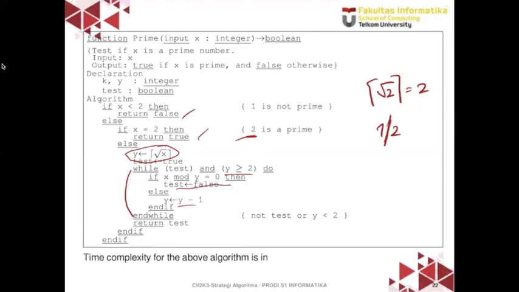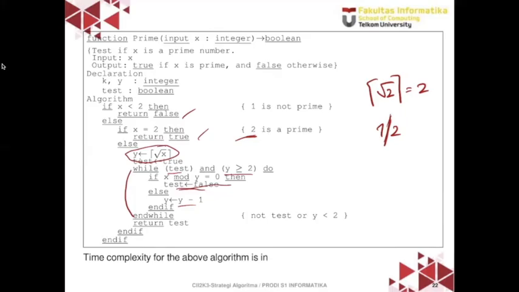If it does, then the test is false, so we get out of the loop. Otherwise, we still loop until we have y equals 2, which means that there is no factor other than 1 and itself. So n is a prime.